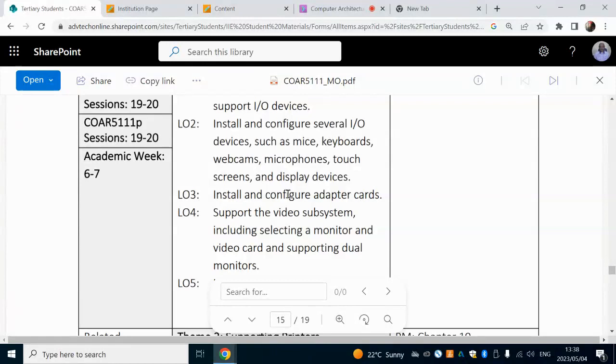So I want to play these games, and the motherboard that I've got has got a graphics card, but then certain games are not able to play on this computer. So what do I do? I buy a graphics card. So when they are talking about these adapter cards here, I buy a new graphics card and I put it onto a slot on the motherboard. This is an adapter card. It's also called an expansion card.